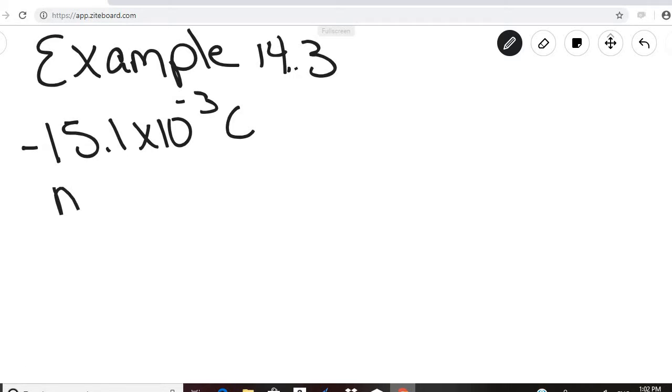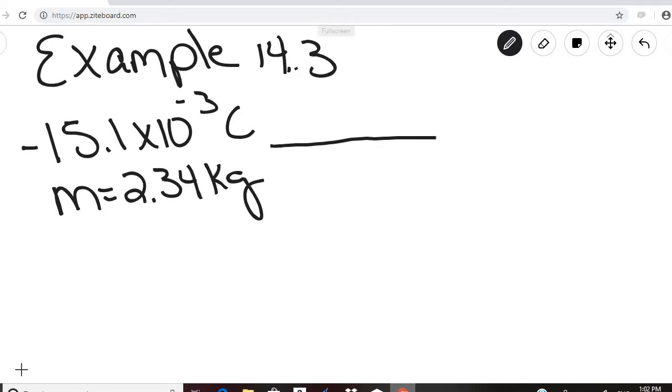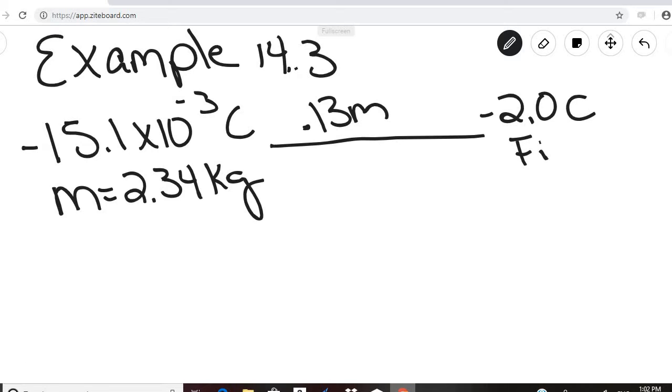Its mass is 2.34 kilograms, and it is placed 13 centimeters away. So I'm going to go ahead and convert that to meters, 0.13 meters away from a fixed negative 2.0 coulomb charge. Okay, so this is our fixed or stationary charge.